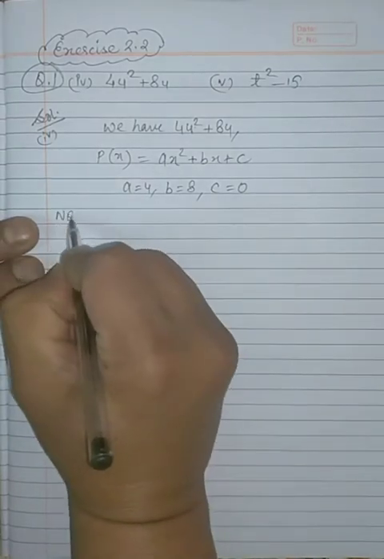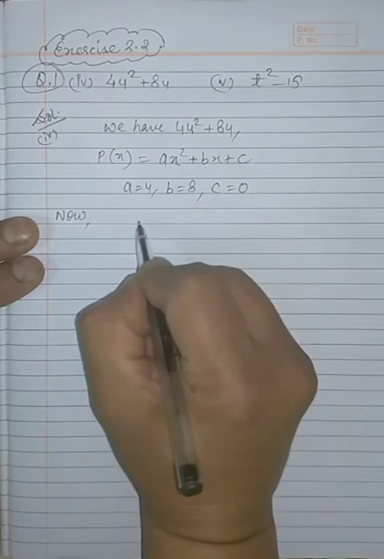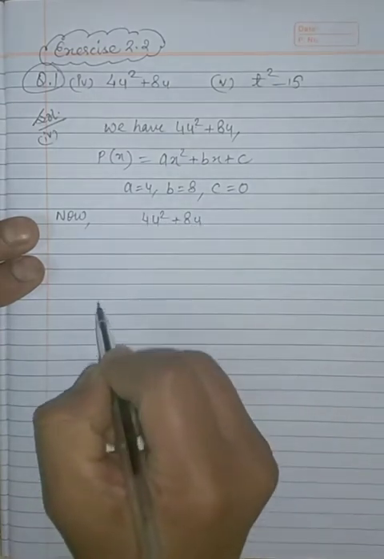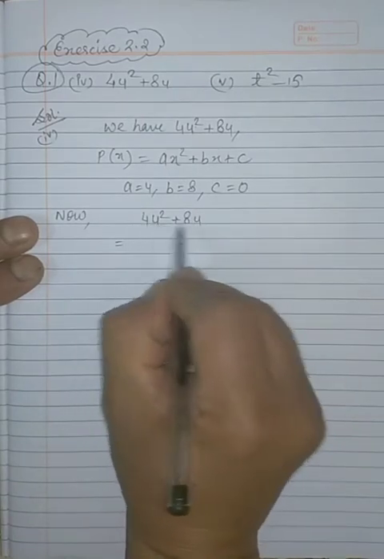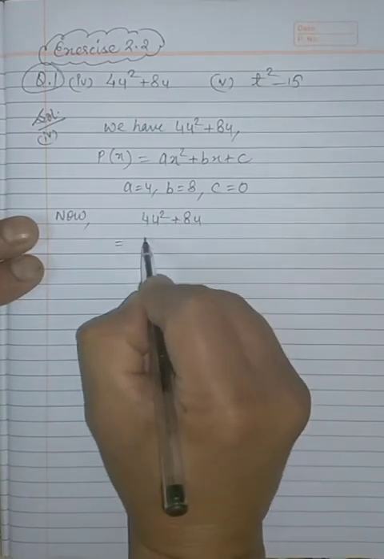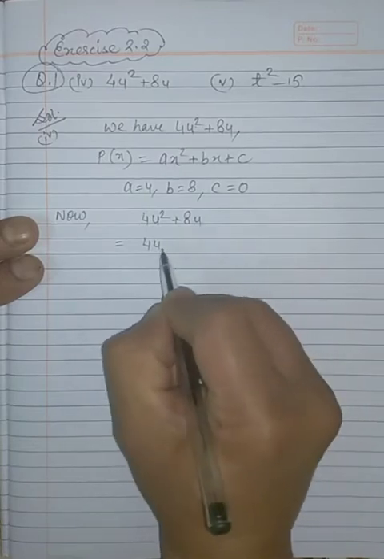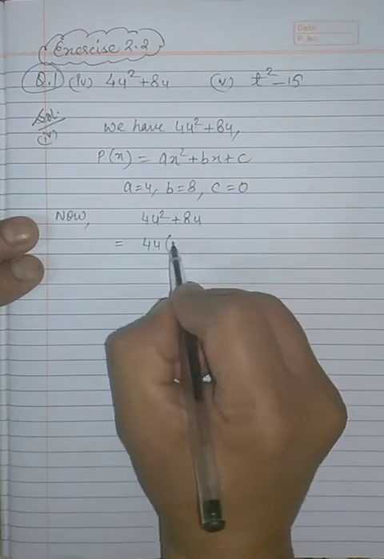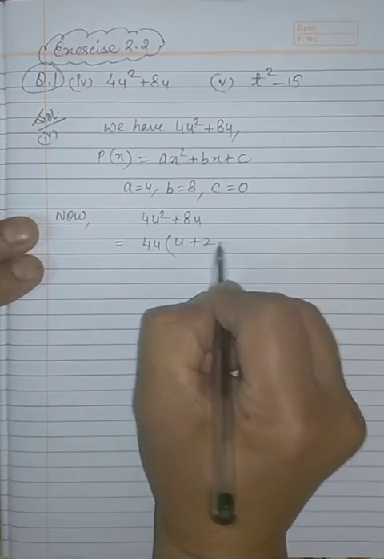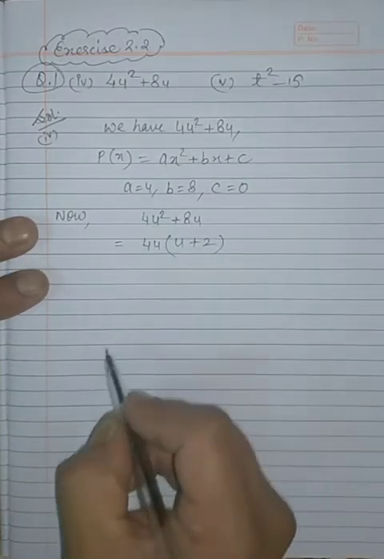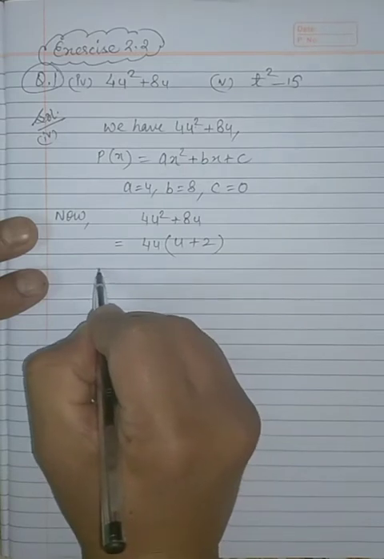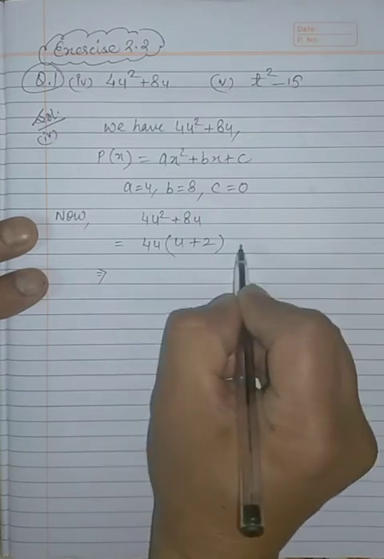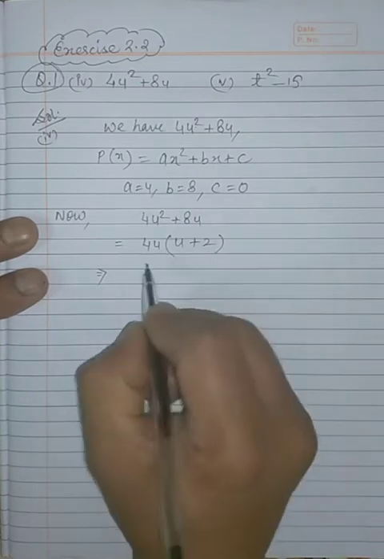Now let us factorize this. 4u square plus 8u. You can see between these two, 4 and u both are common. So if we take out common 4u from this, we get u plus 2. And since we are finding the zeros, that means 4u into u plus 2 will be equal to 0.